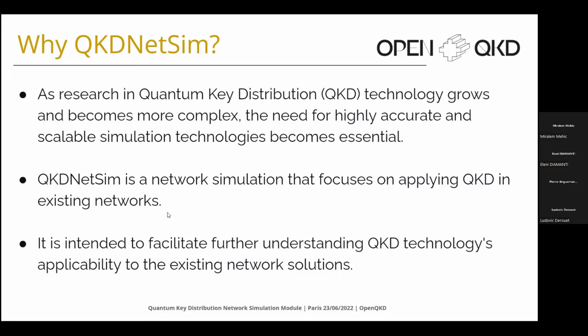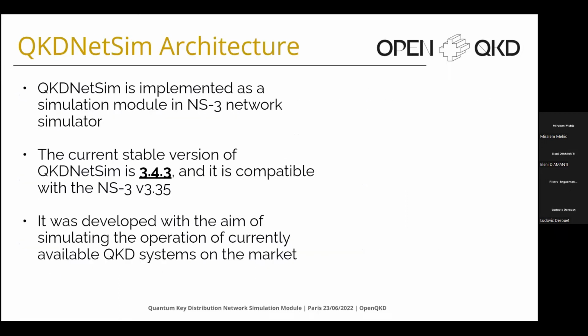We said, let's see how we can apply QKD in existing IP networks and also some other networks that go beyond. The main aim is, of course, to understand that QKD technology is just an additional security layer, and it's necessary to integrate it in the existing IP infrastructure.